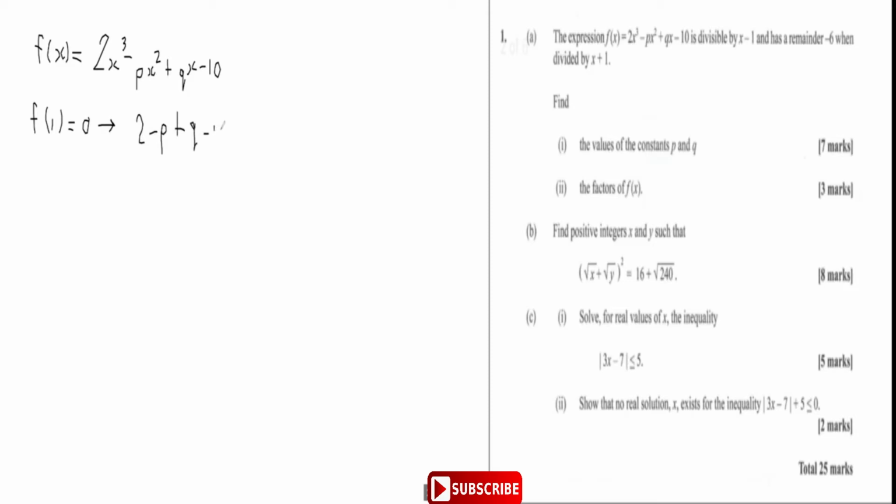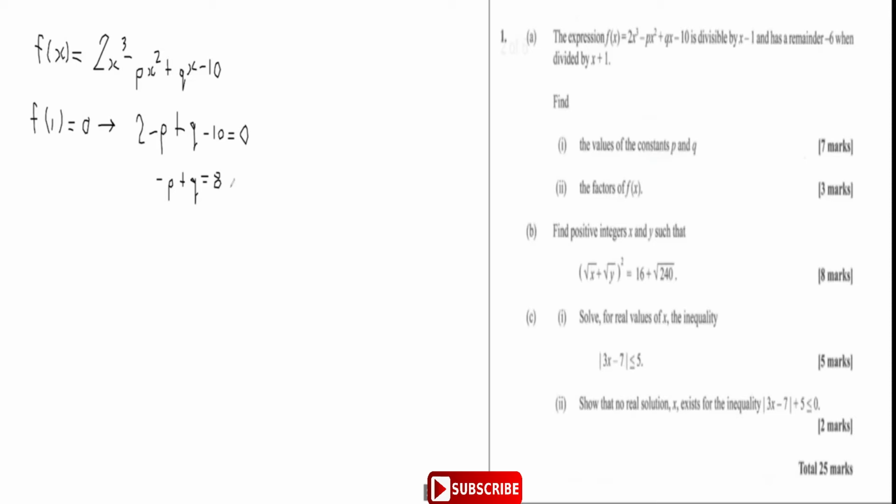They're telling us that that is equal to 0. So I'm going to rewrite it this way: minus p plus q is equal to, when I bring over 2 minus 10, which is minus 8, positive 8.